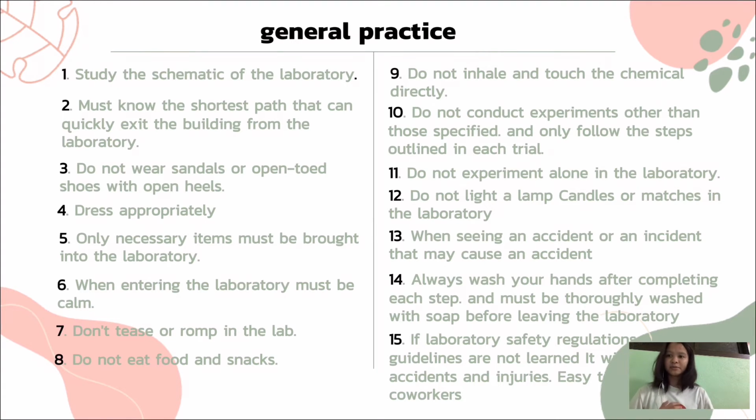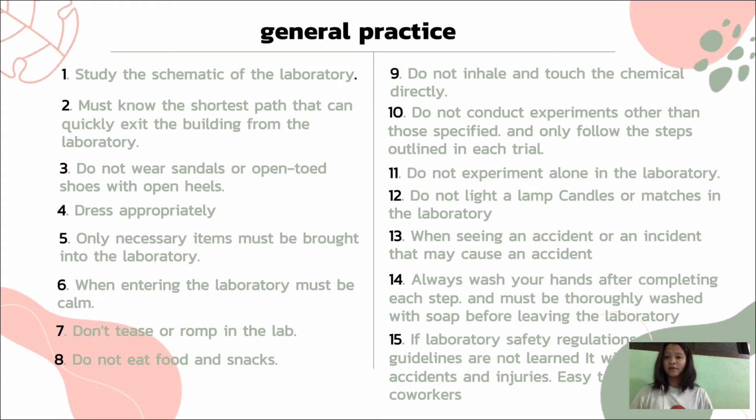I think everybody is eager to learn about laboratory safety, so everybody should strictly follow the rules in the lab to prevent danger. General practice has 15 points. Number 1.